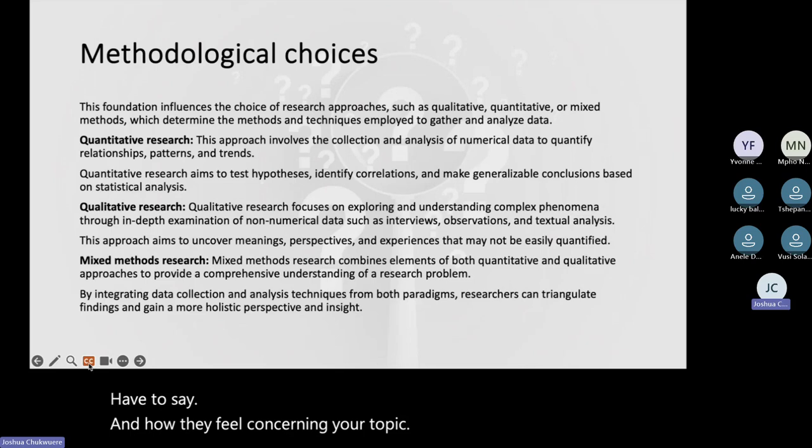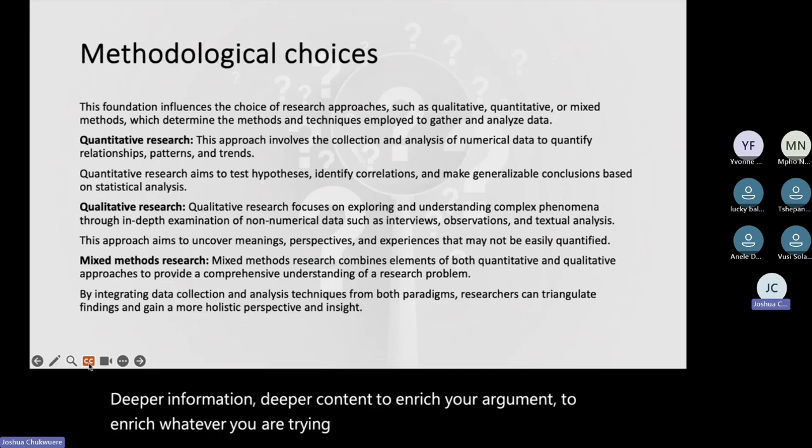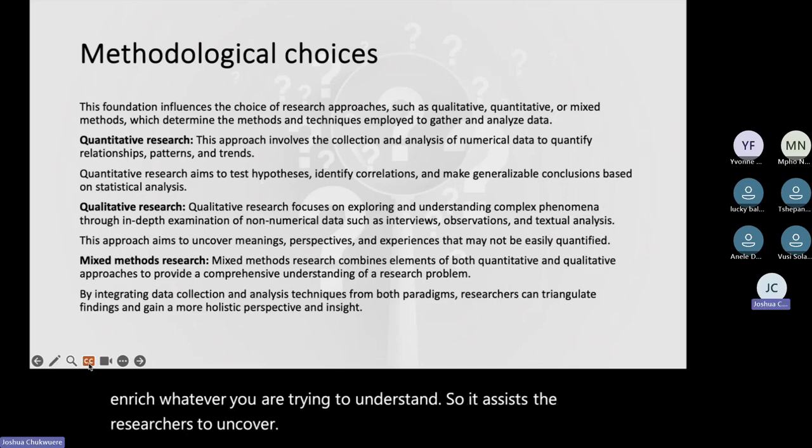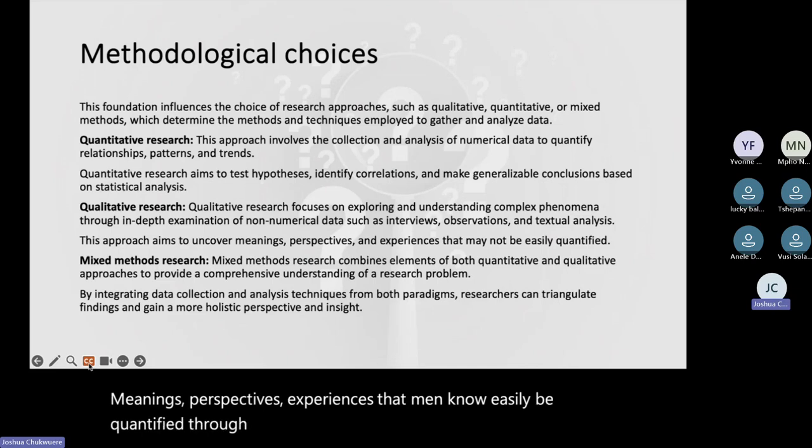Deeper information, deeper content to enrich your argument, to enrich whatever you are trying to understand. So it assists the researcher to uncover meanings, perspectives, and experiences that may not easily be quantified through numbers, quantitative data.